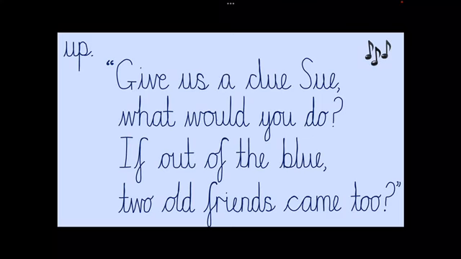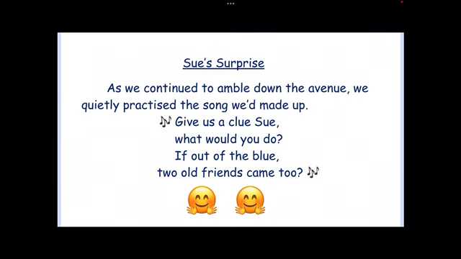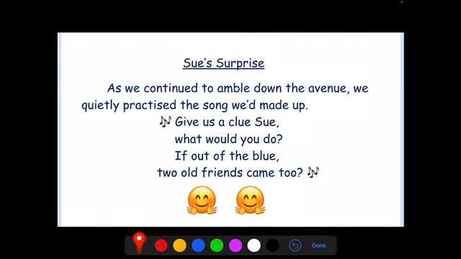Let's read our story. Sue's surprised. As we continued to amble down the avenue, we quietly practiced the song we'd made up.